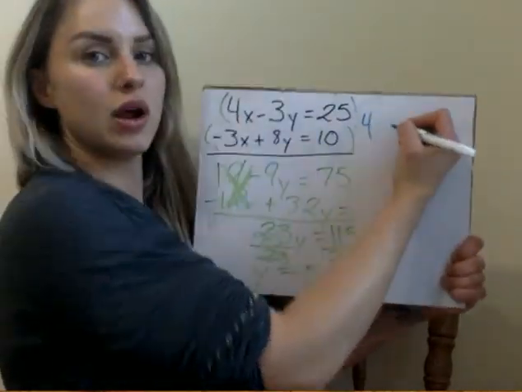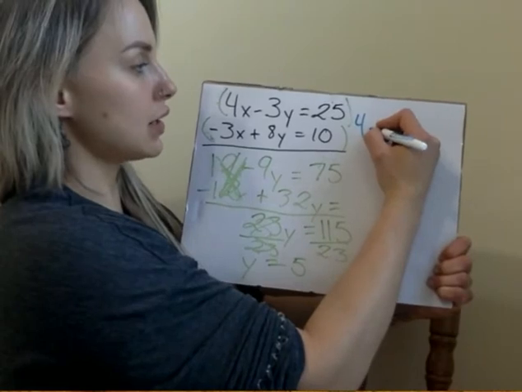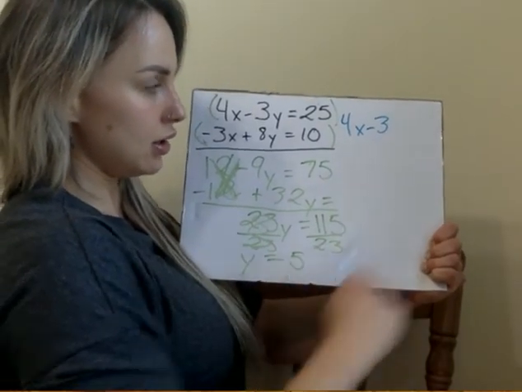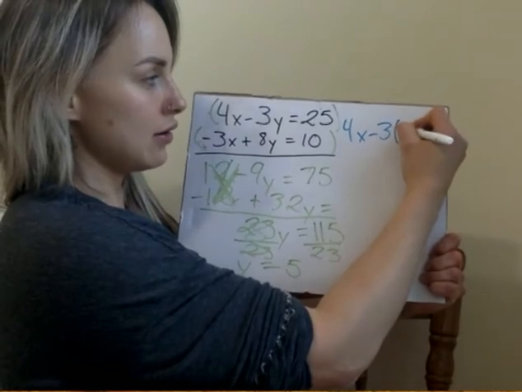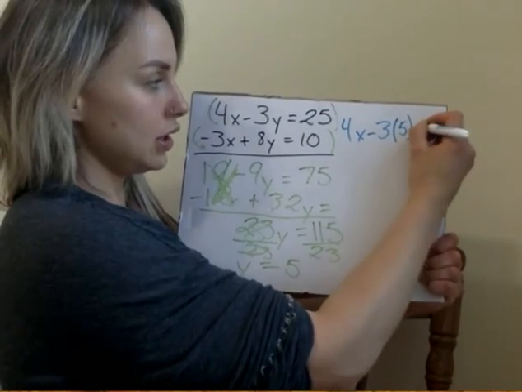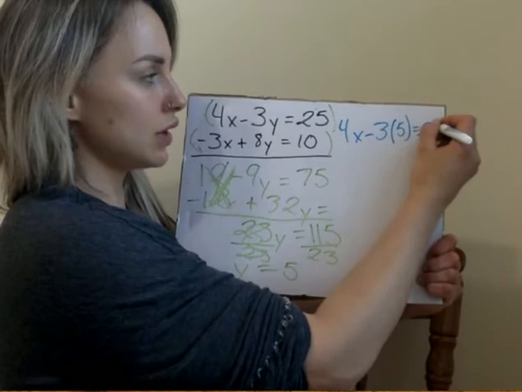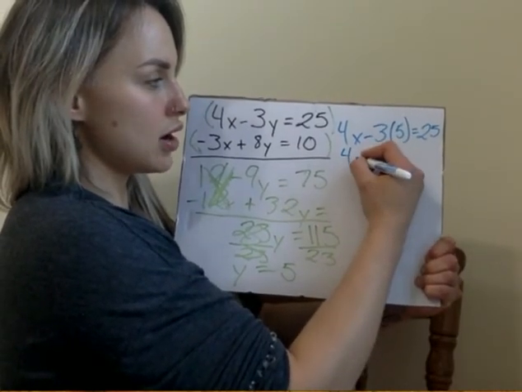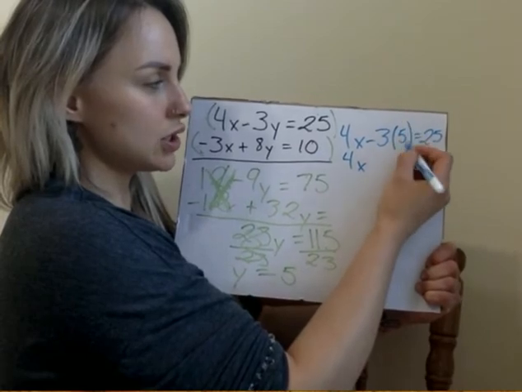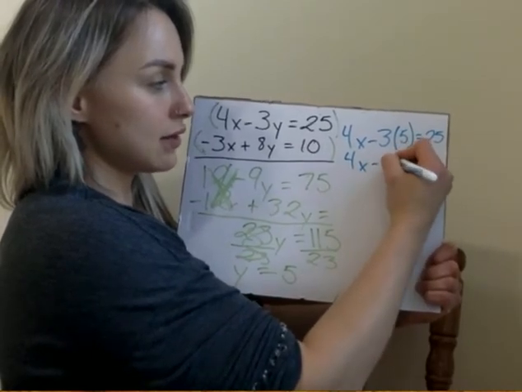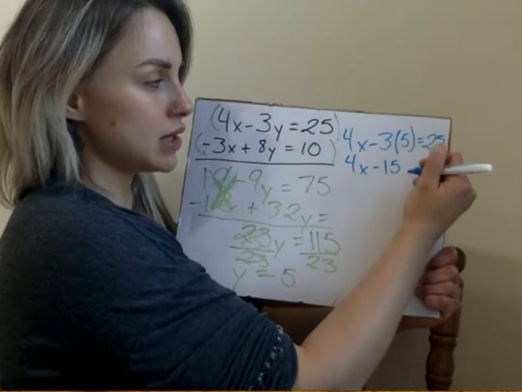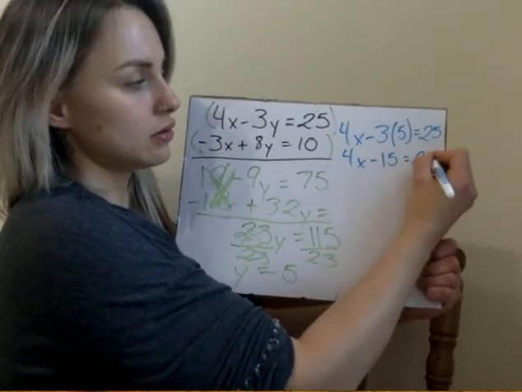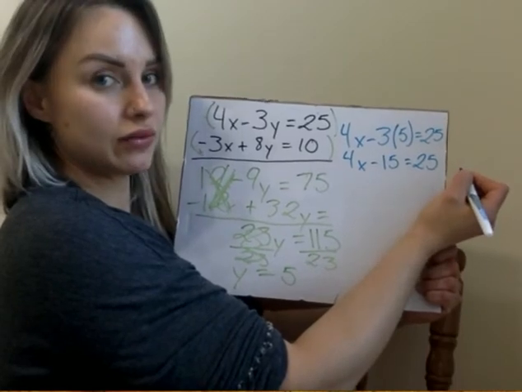So we have 4x minus 3, and we found the y, 5, equals 25. So 4x, we have to do the multiplication here, minus 15, because 3 times 5 is 15, equals 25.